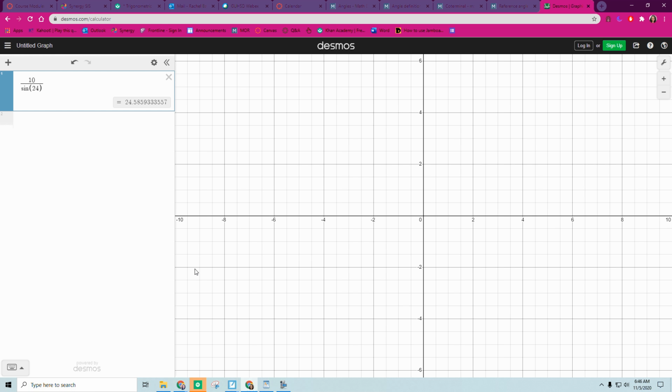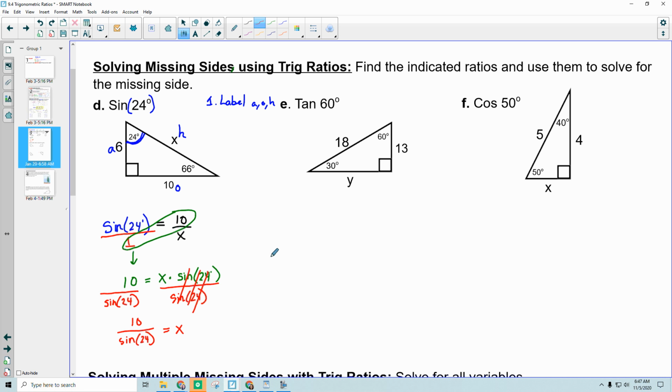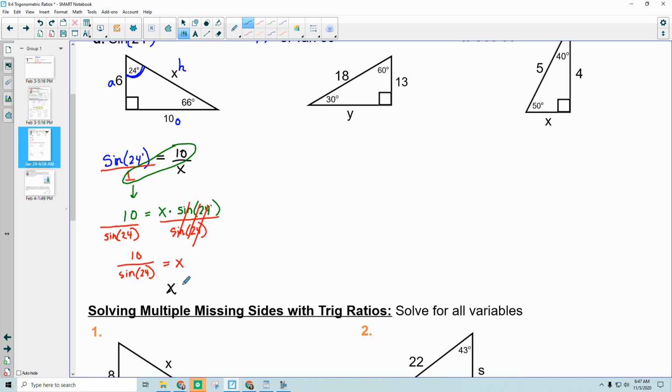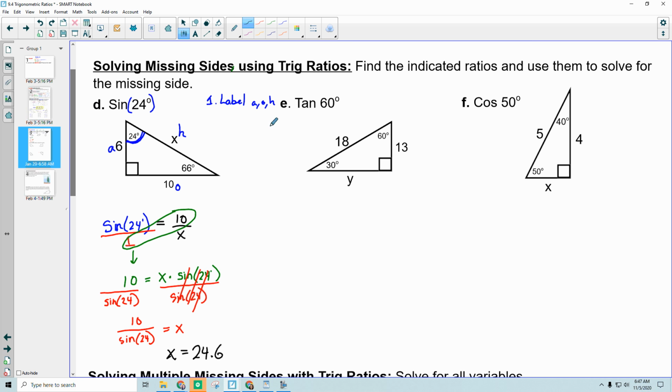Just pay careful attention to what they're asking for. Check and see, like, are you rounding to the right spot, okay? So 24.6 is what I'm getting. So that side x is a length of 24.6 if I was to measure that, okay?